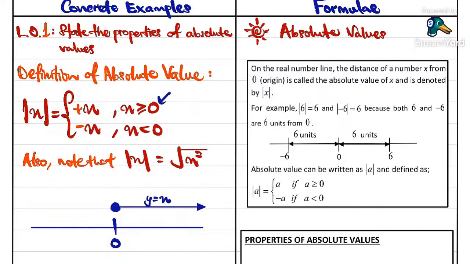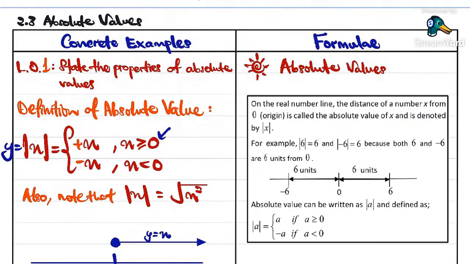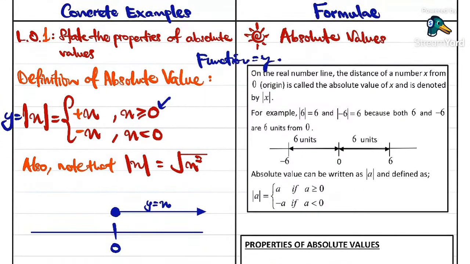Kenapa saya letak y equals? Sebab ni sebenarnya y equal. So the absolute value is actually a function. Nanti you di chapter 5, you akan belajar absolute value function. So when it's a function, it's actually fungsi y lah, which I know most of you know already. So that is why I write down y equal, because of this y equal absolute value of x.